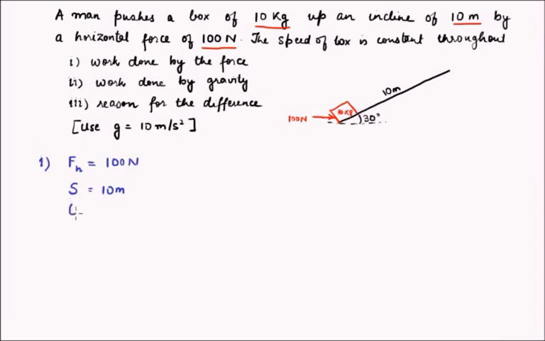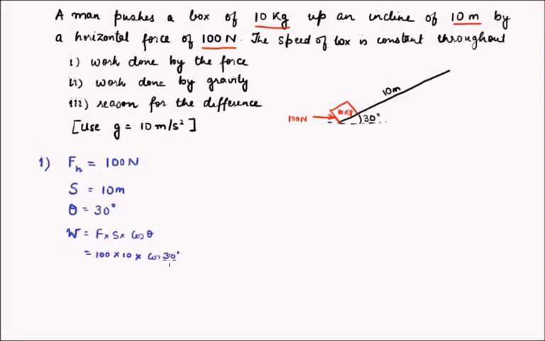Then the work done would be F times S times cos theta, which comes out to be 100 times 10 times cos 30.